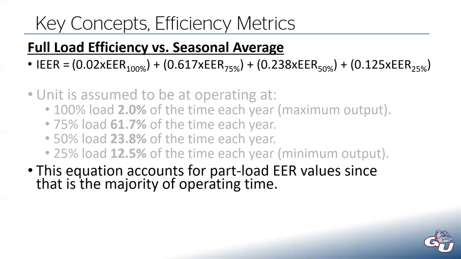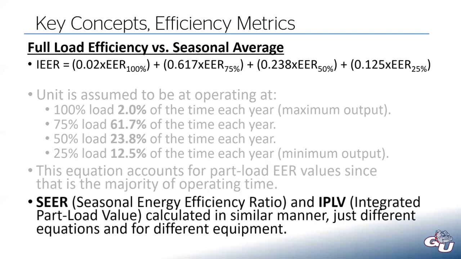And this is just one term, IEER. There are a couple other terms, the SEER, seasonal energy efficiency ratio, and IPLV, integrated part load value. They are calculated similarly, but they are used for different types of cooling equipment.